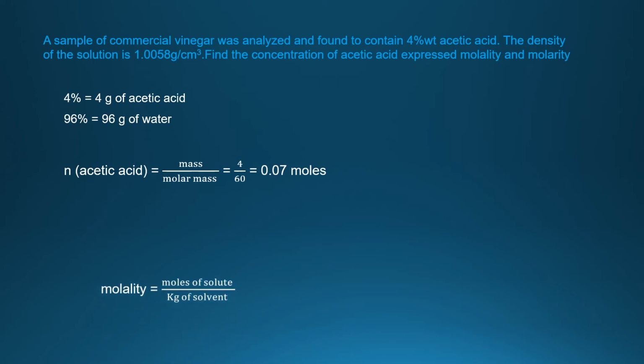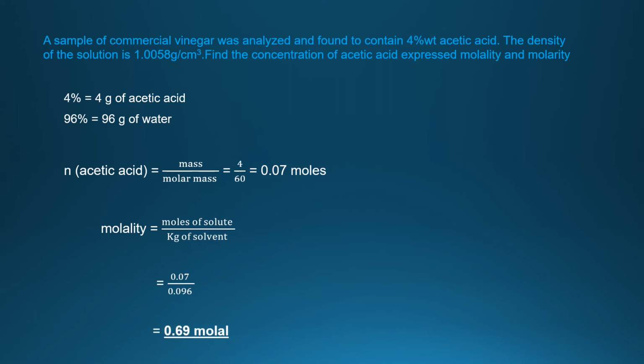Once you find the moles of acetic acid, we substitute it in our molality formula. The moles of solute is 0.07 and the mass of water, which is 96 grams, should be converted into kg. So that will read as 0.096 kilograms. Do your calculation and your molality will come to 0.69 molal.